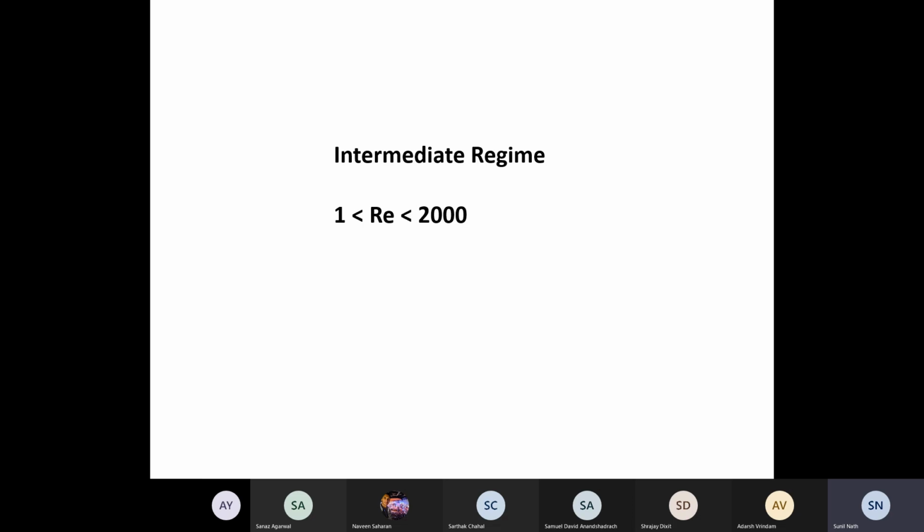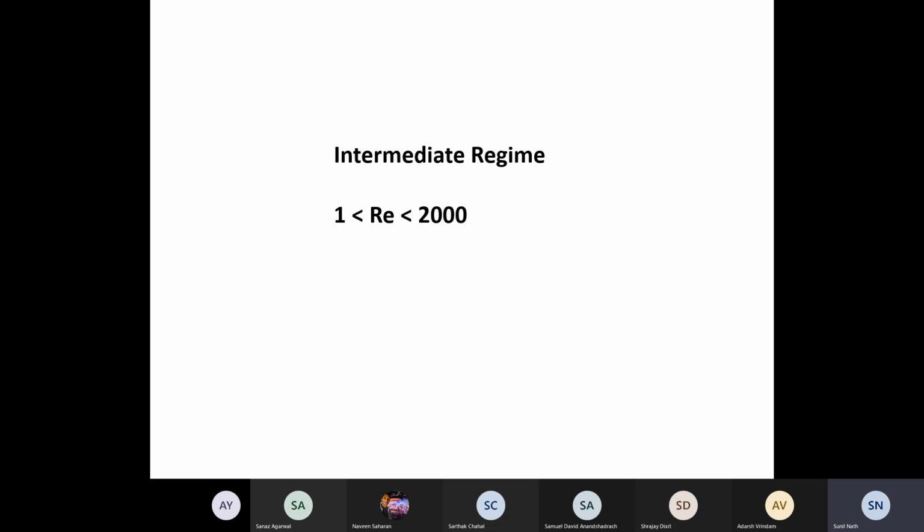I am assuming that you have got the two sets for the Newtonian as well as the Stokes regions. So now you can pay attention, transfer your focus to this very important Reynolds number range, which cannot be classified as Newtonian, nor is it Stokesian.